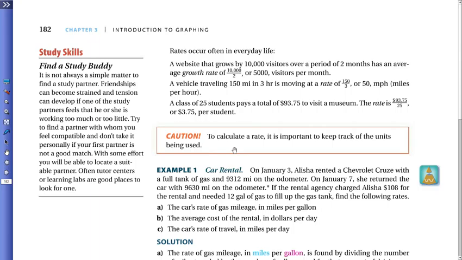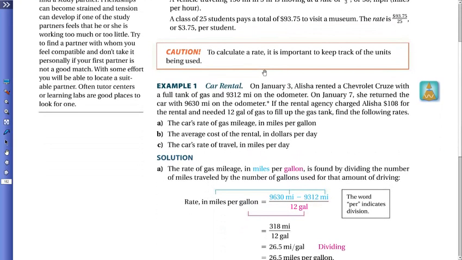Is it seconds? It really makes a difference. So the caution is to do that, but we're going to go through a couple of conversions to show how powerful it is to use the labels, whether distance, time, or volume.